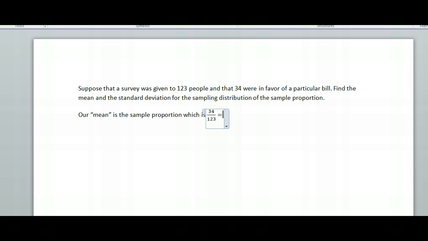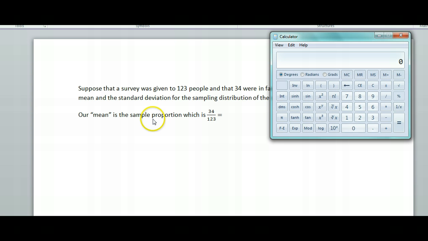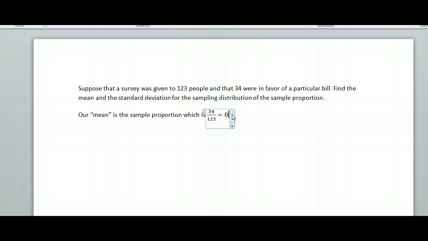Now 34 over 123 can be calculated on the calculator, 34 divided by 123, giving me 0.2764 approximately. And so that's the simple answer to the mean. That's the mean of the sampling distribution.